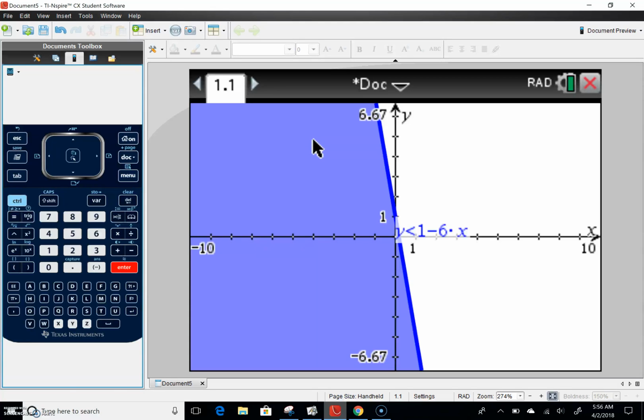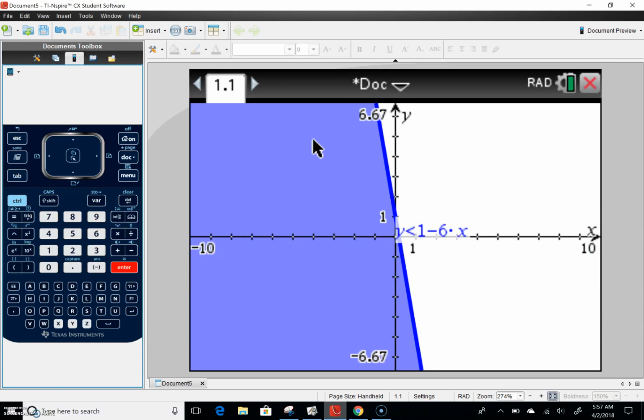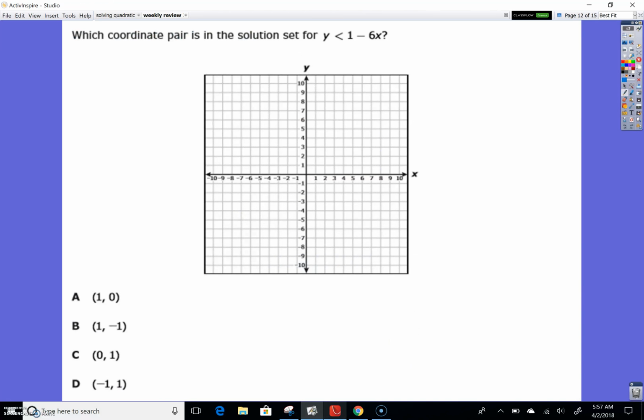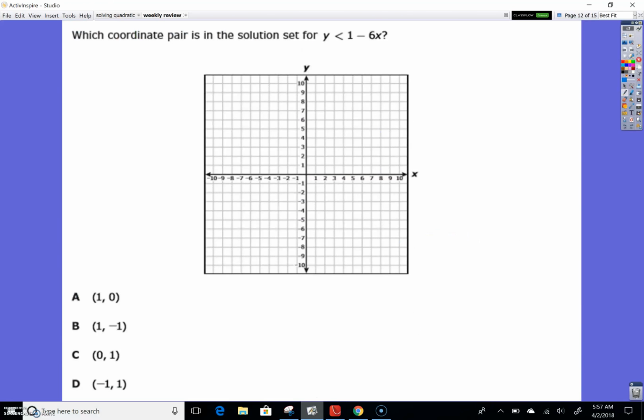So now we're asking for the solution. 1, 0 is over here, so that's no good. 1, negative 1, that's no good. 0, 1, that's on the line, so that's probably not good.